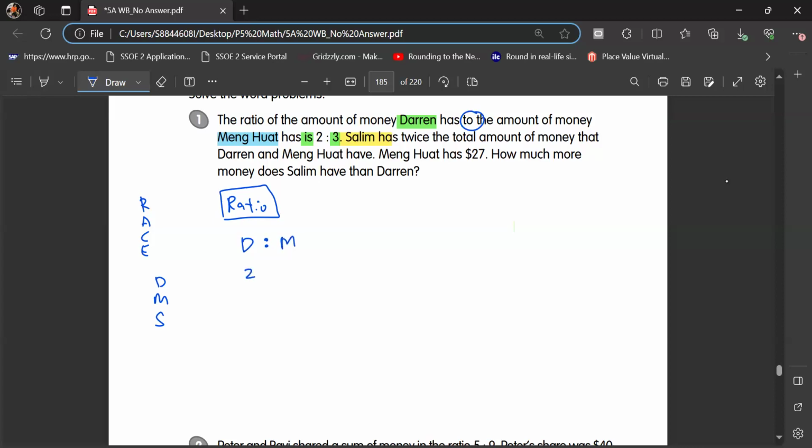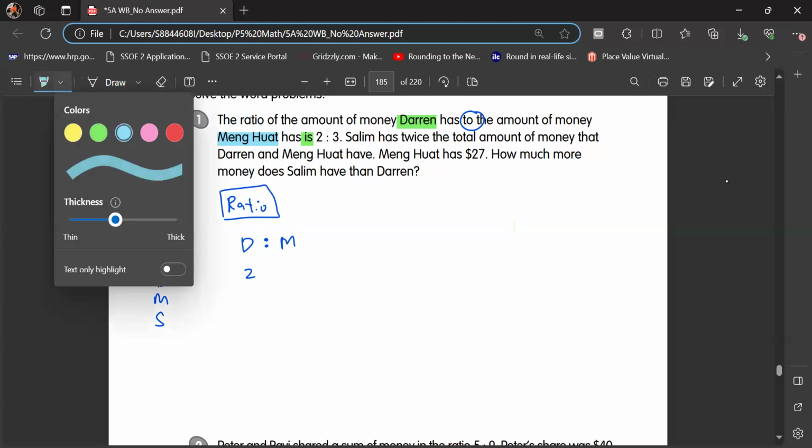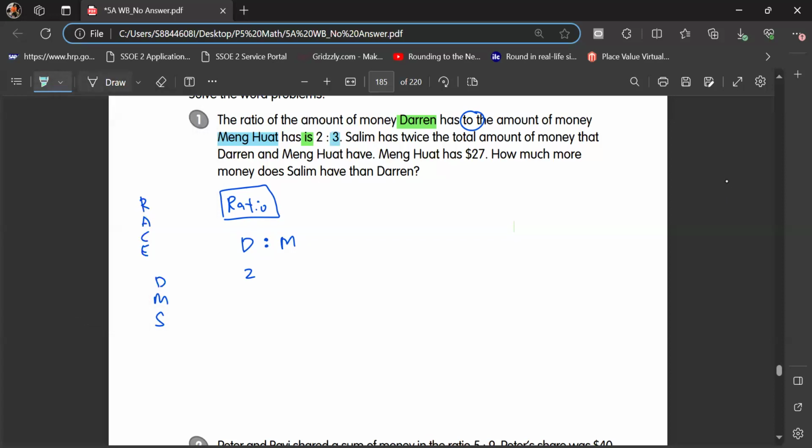So Darren is 2, Ming Huat is 3. So if I draw the model out, I have Darren 2 units, Ming Huat 3 units.